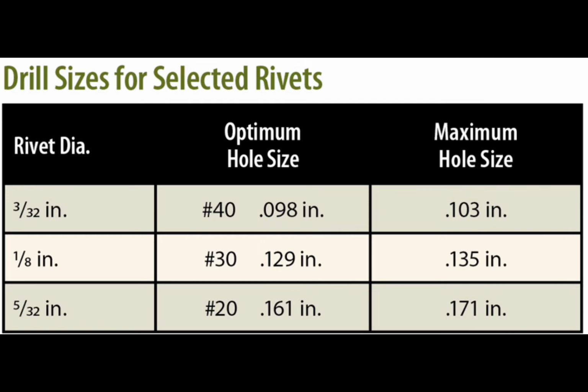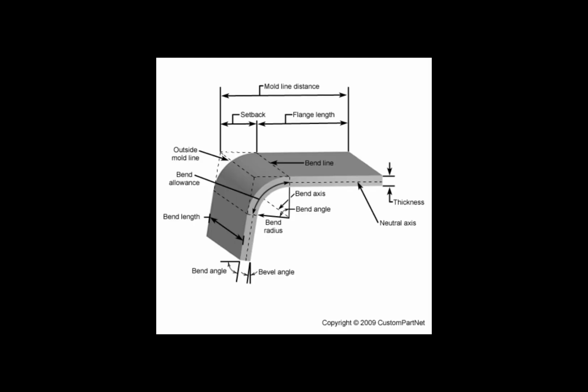What is the difference between thermoplastic and thermosetting plastics? Thermoplastics can be remelted and reformed. Thermosetting cannot. What determines the minimum bend radius that can be used?